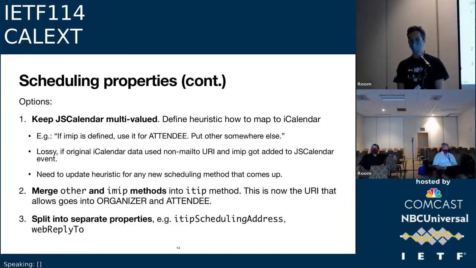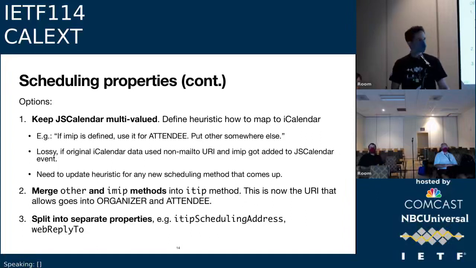So one of the ideas now would be, okay, we just say it's not other or IMIP, we just say it's ITIP, sorry. And then it's absolutely clear, whatever you put into this value will end up in the ITIP message if you schedule over ITIP.